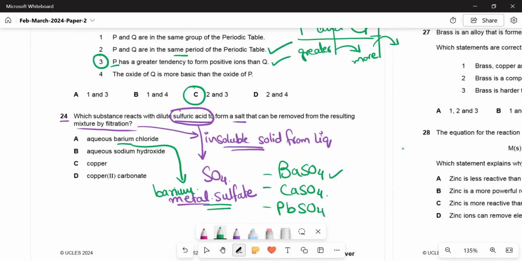These 3 sulfates are insoluble in water. All of them are solids. So if we react aqueous barium chloride with sulfuric acid, it will form barium sulfate, which is insoluble. So hence, this one is correct.